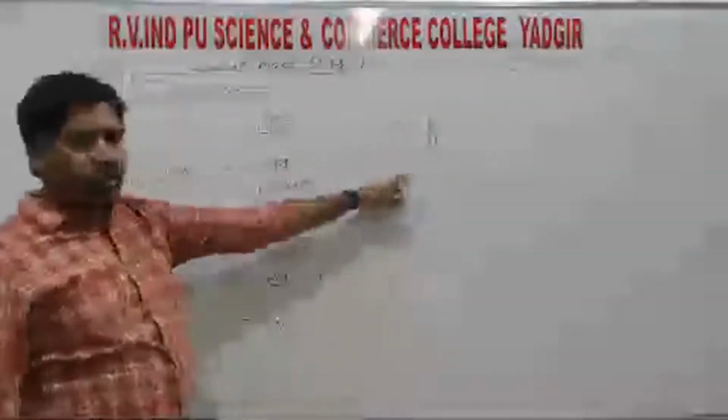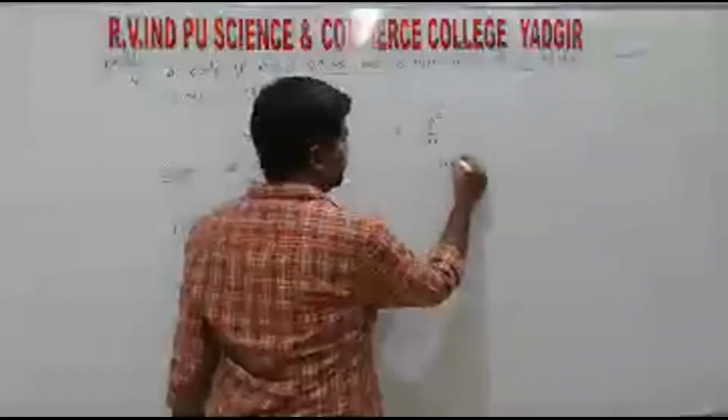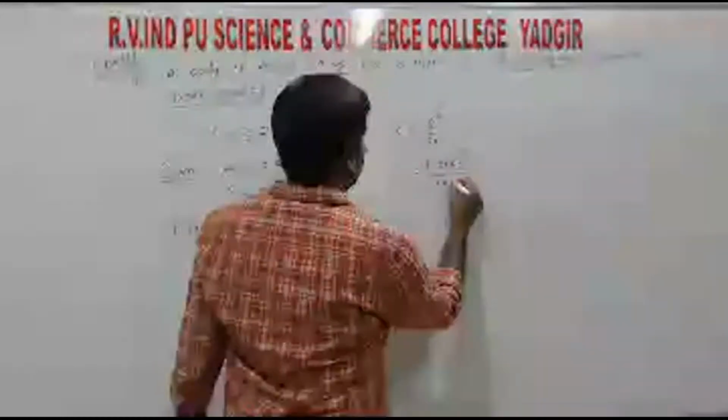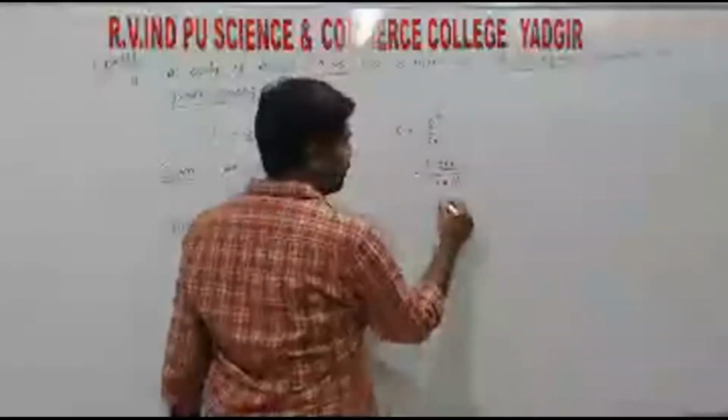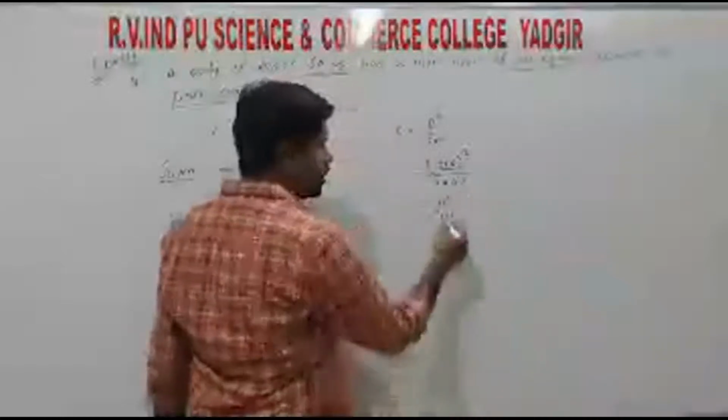So, momentum 1000 squared divided by 2 into mass 50, right? So that is 10 power 6 by 100, and 2 into 50 is 10 power 2.